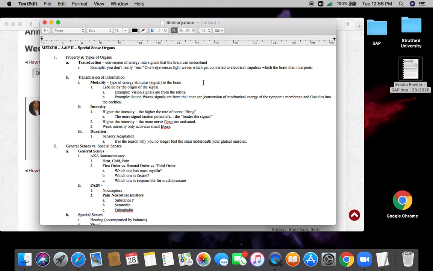The brain can only understand chemicals and electricity. We already know that from the nervous system. So all your eyes are really doing is taking light waves and changing them into signals in your sensory pathway, also known as your afferent pathway, to something that your brain understands.